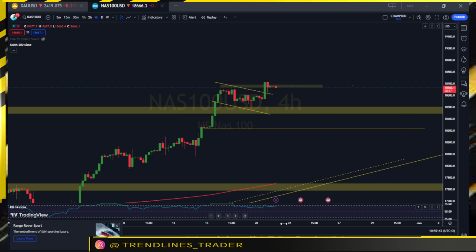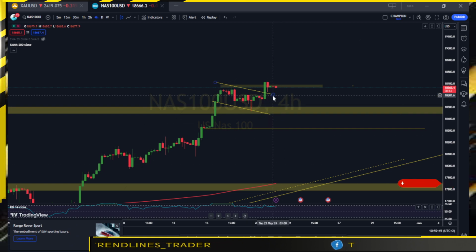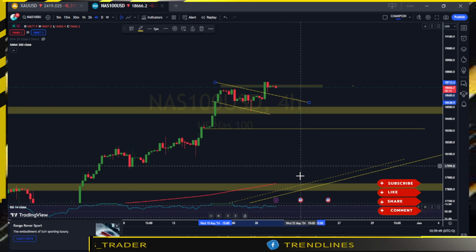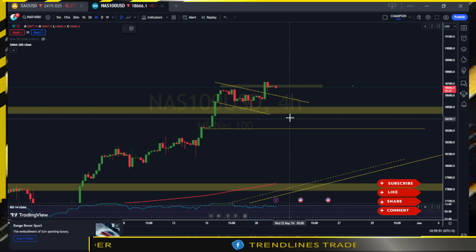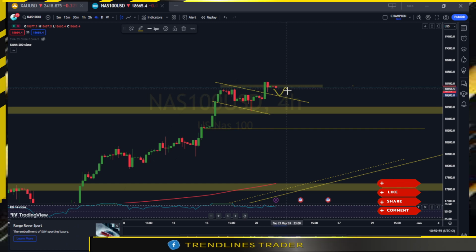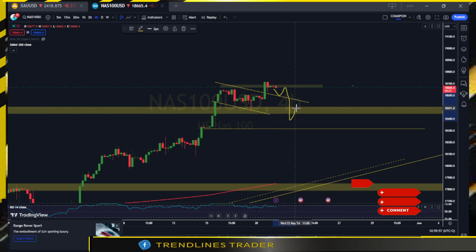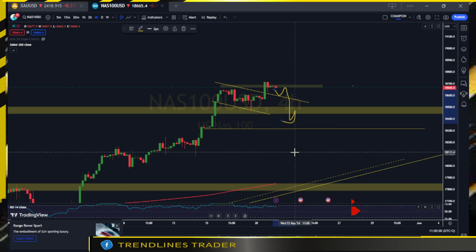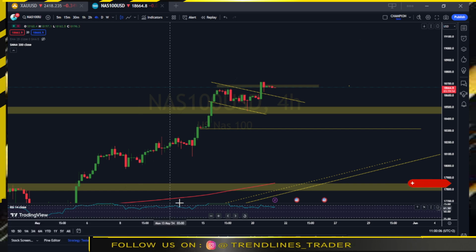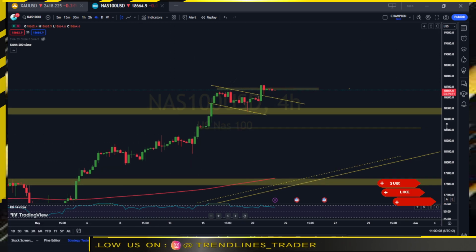One thing I can tell you, the price must come back and retest the level, but if it cannot break it again, it might push towards the downside. Anything can happen with the NASDAQ 100. Whatever we are doing when we are trading, we just analyze, and then when we get the trades, we take them.